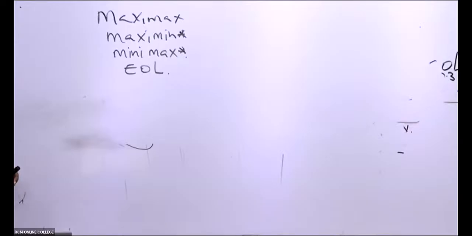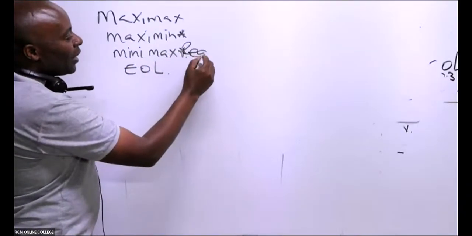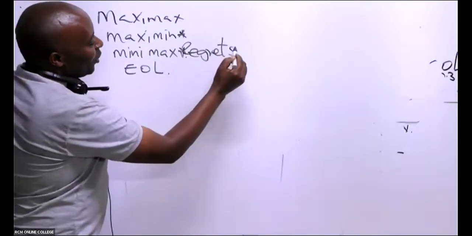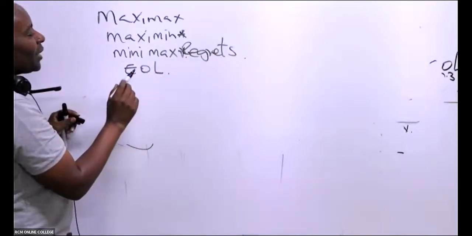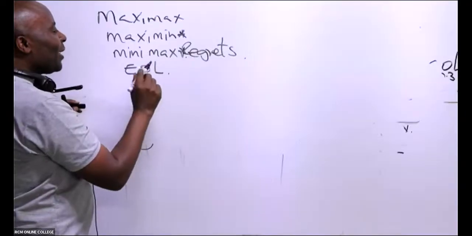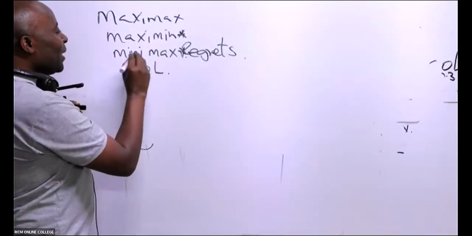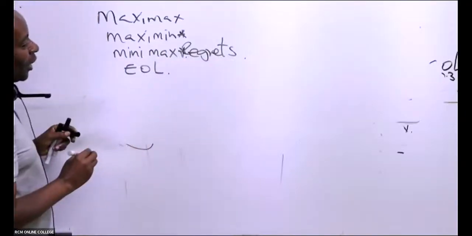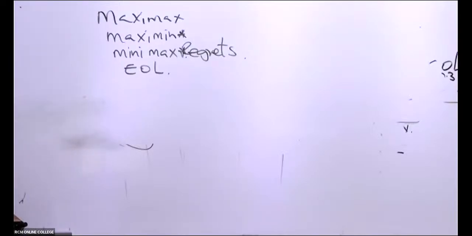Maximin, then we have minimax. For minimax, you must always remember to add regret. A student once told me, Mwalimu, if you want us to remember this, for minimax regret, say 'minisk*t regret'. I don't know what that student was talking about, but I'm sure with that, they will never forget.